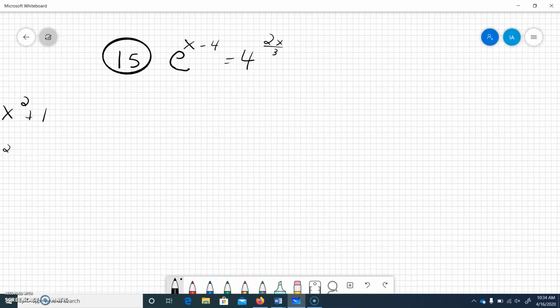So there's really two ways we could do this. If you convert it to a logarithm, then do you want it to be base e or do you want it to be base 4? But a different trick we could do is we could actually take the natural, well, any log, and in this case probably the natural log would be better since we got this base e, but we can take the log of both sides.